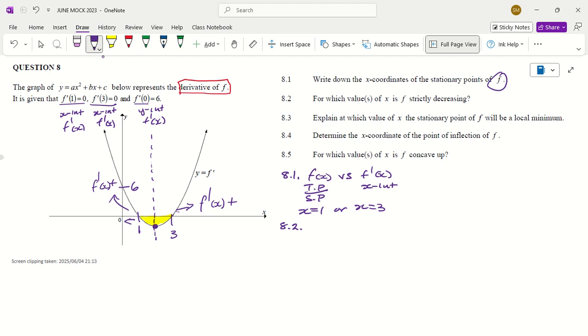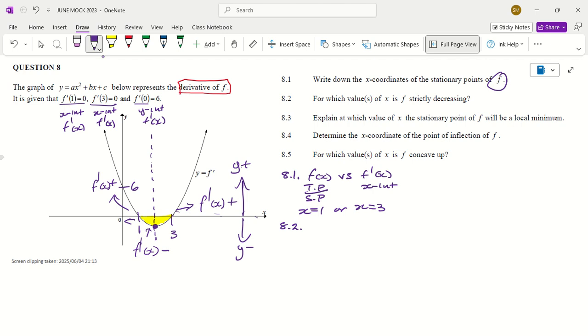What makes a function decrease? It's a negative derivative. Now the graph of the derivative here in the yellow space is negative. How am I saying it's negative? If you look at the x-axis, y values that are above the x-axis are positive, and when you go below the x-axis, y values are negative.